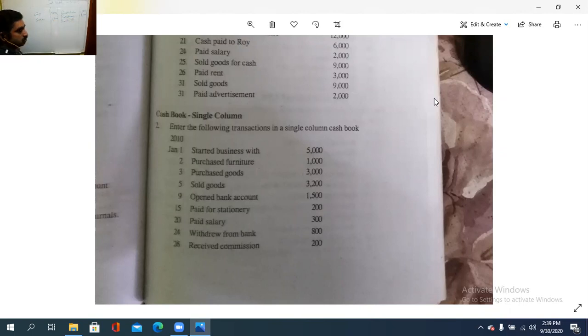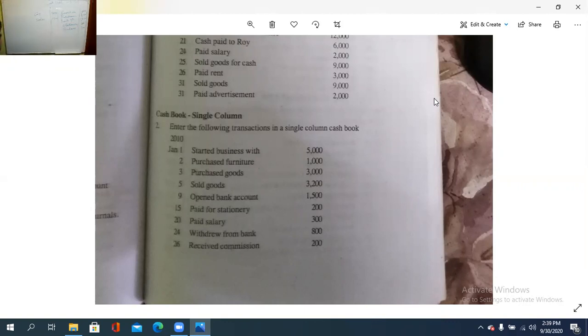So bank account, how much? 1,500. Then paid for stationery, how much? 200. Then paid salary also, expense, okay, 300.